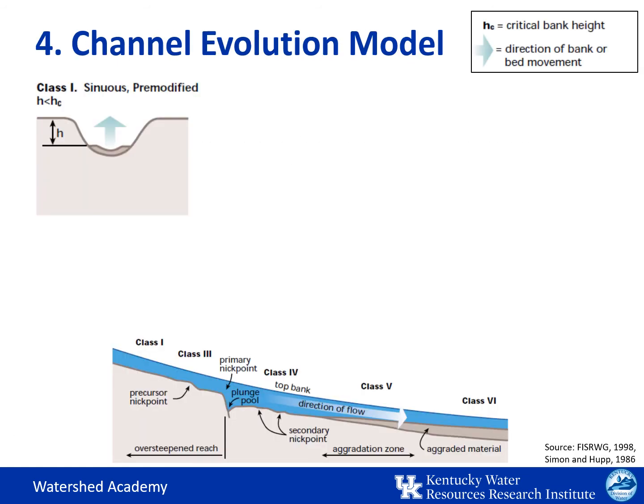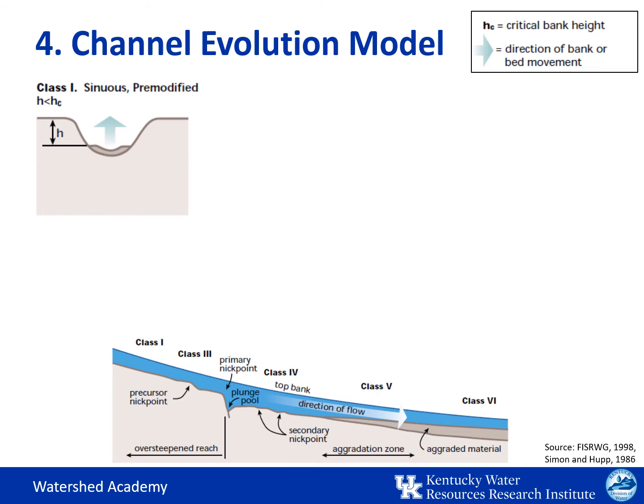Another way in which the function of a stream is addressed is through channel evolution models. And there's a number of different conceptual models about the process by which streams change. You don't need to know the specifics of each of these steps, but having an idea of how streams change is important to provide some understanding of the relationship between land use changes or stream modifications and then erosion and sedimentation.